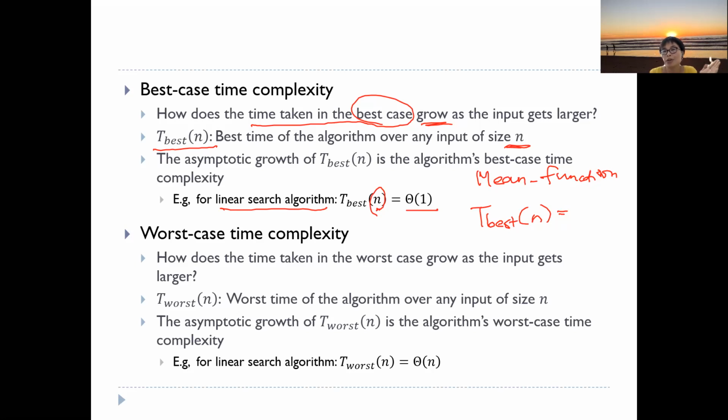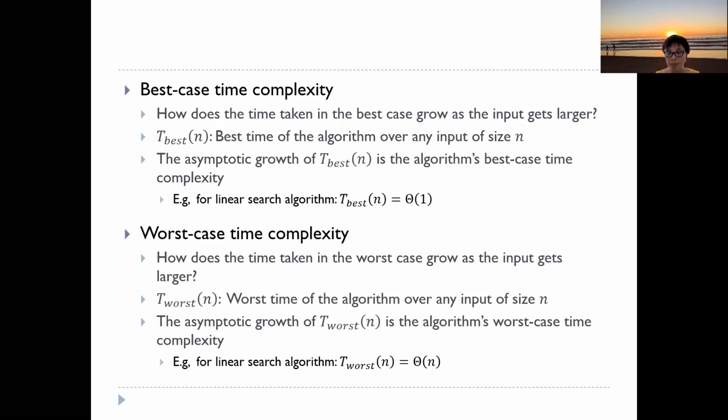So it doesn't matter what your input is. We still have to go through every element in it and then sum it up, which means that even in the best case, the time complexity is still linear for that one. But for the linear search one, there can be a difference. All right, so this is the best case time complexity.